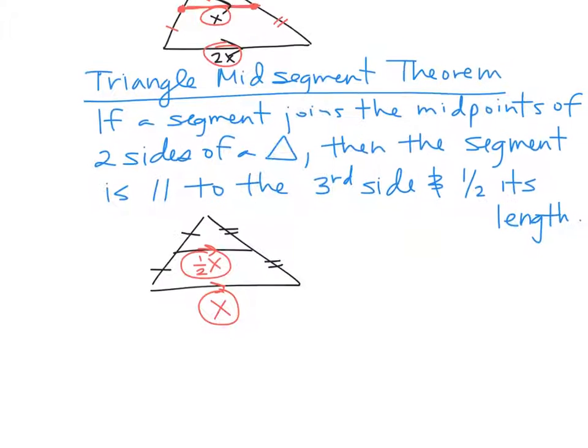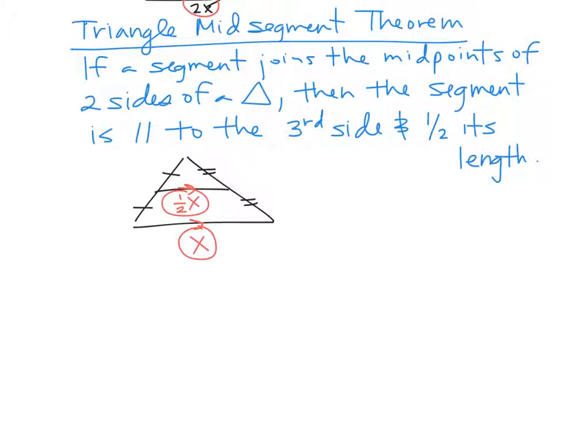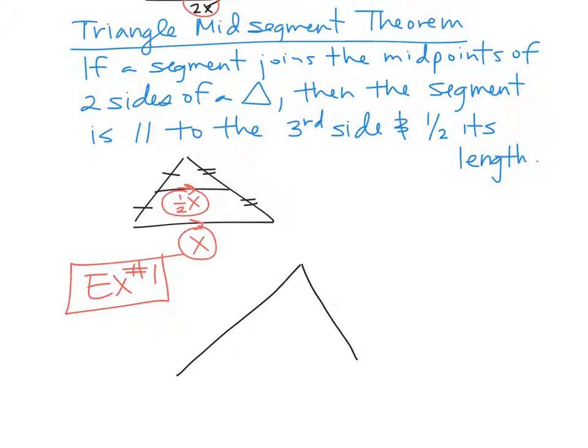I will leave that there if you're still writing, but I'm going to start drawing a picture here. For example 1, let's say you have a triangle, and you have a midpoint here, and a midpoint here, and a midpoint here.